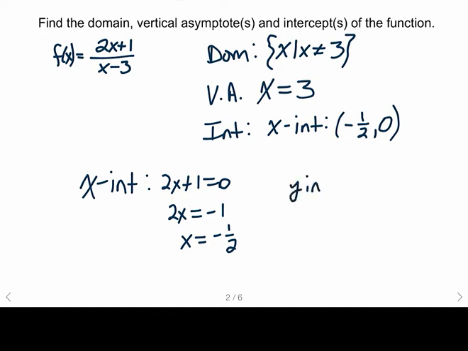For the y-intercept, we're going to evaluate the function at 0, so f of 0 is equal to, as I'm sure you can confirm, negative 1/3. Therefore, the y-intercept is 0, negative 1/3.